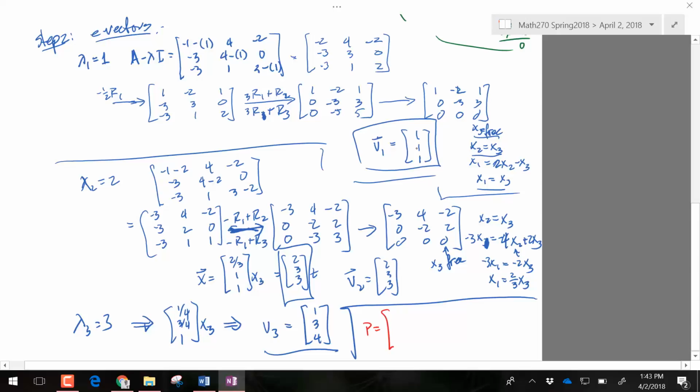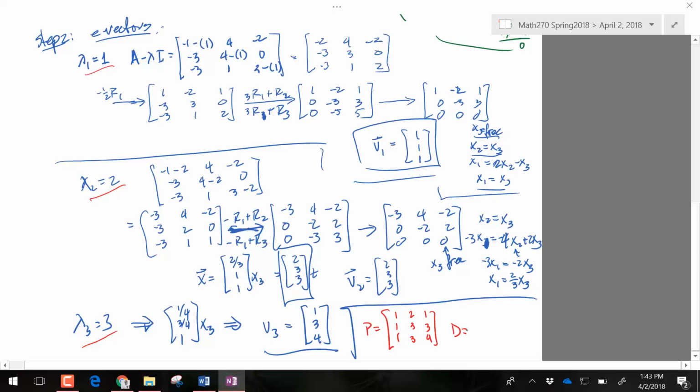So if we write this in order of eigenvectors, it doesn't matter, but generally we want to write it in increasing order. We don't really need to do that, because we just have to match the eigenvalues and eigenvectors. But in general, I think it's good practice to write it in increasing order. So our V1 was 1, 1, 1, our V2 was 2, 3, 3, and our V3 was 1, 3, 4.